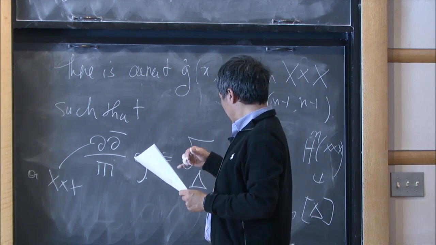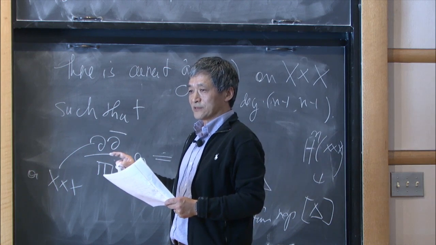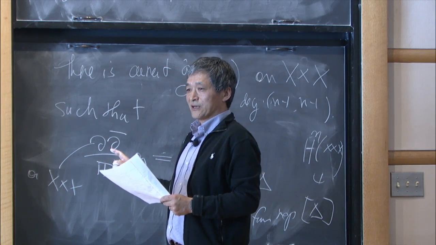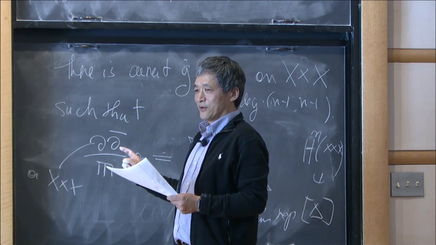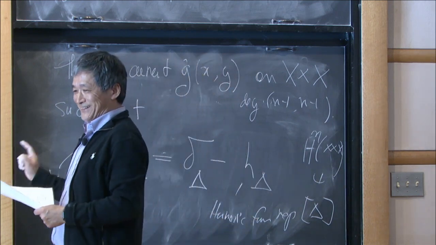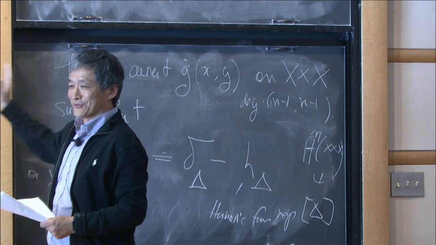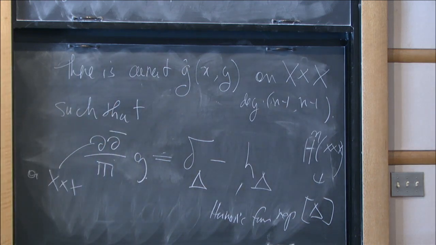Okay, so if I require G to be perpendicular to all harmonic forms, this is unique. Okay, let's say the following: this one is the solution for this equation.